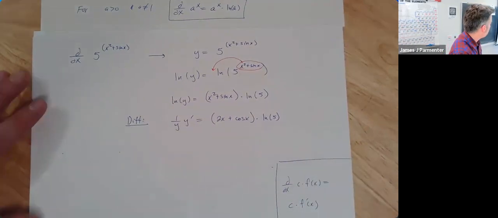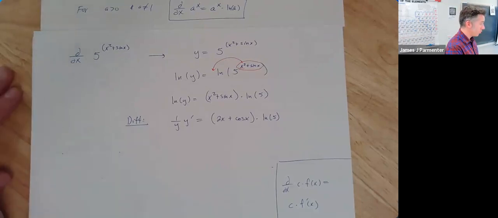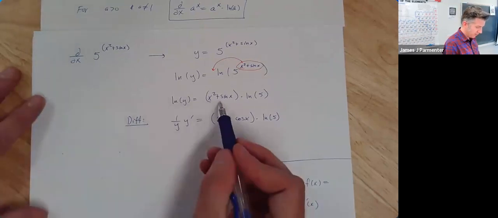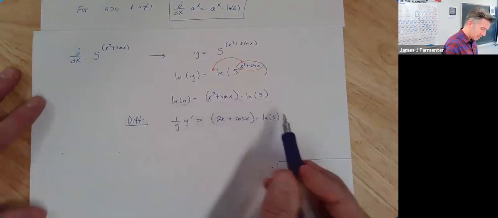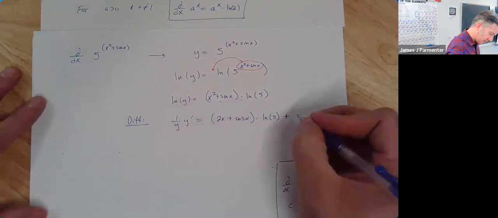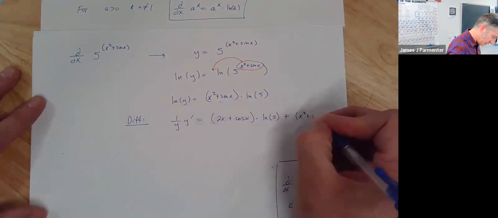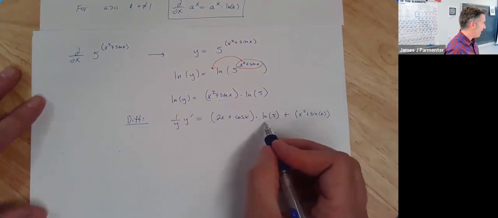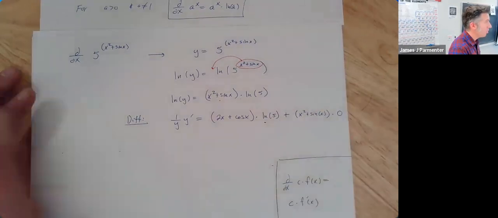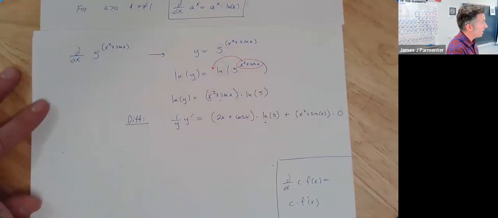But if you prefer, you can also think about this using the product rule and say, okay, well, it's the derivative of the first piece times the second piece plus the first piece times the derivative of the second piece. And what's the derivative of the natural log of 5? I'll give you a hint, it's not 1 over 5, it's 0. Because natural log of 5 is a constant.